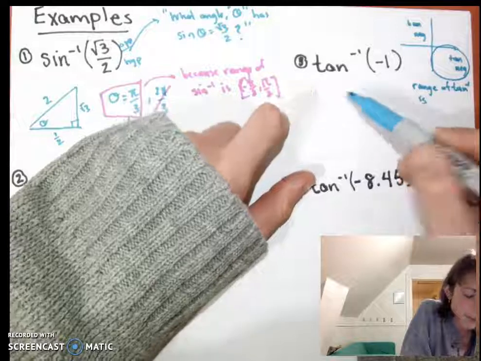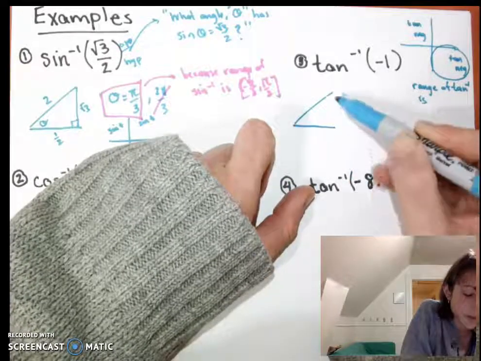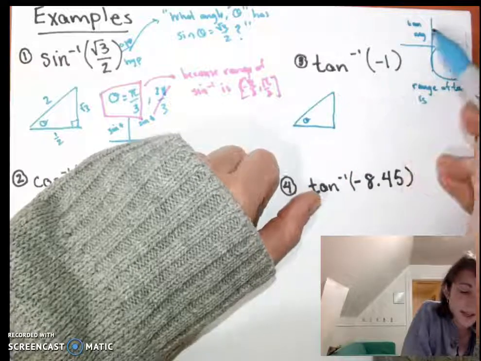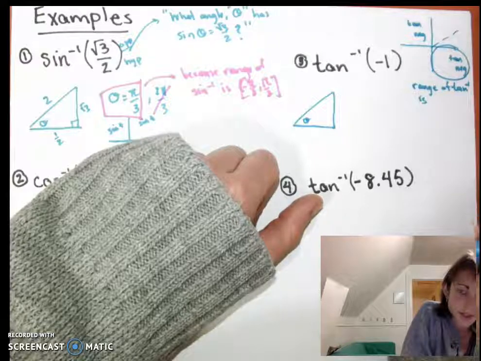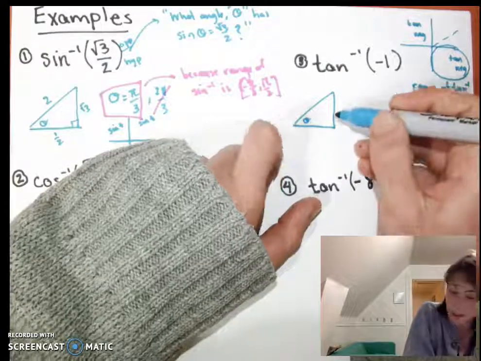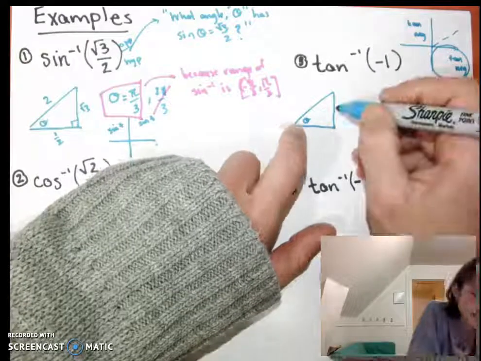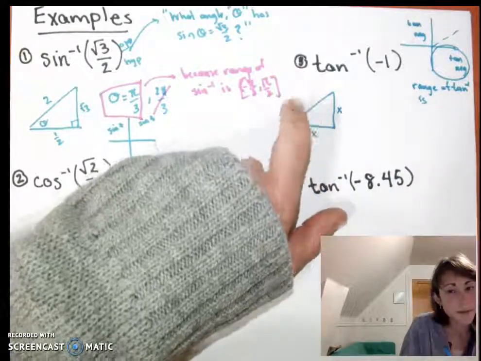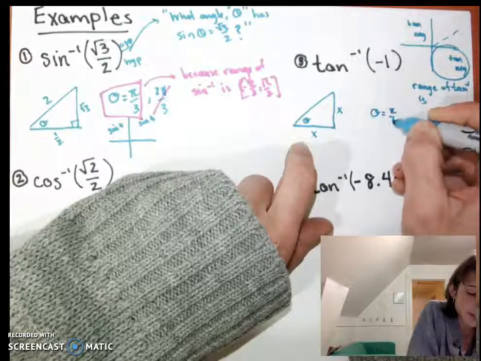But we can use a reference angle. We can ask ourselves what angle has tan equal to 1, and then shift that answer into the fourth quadrant using reference angles. When is tan equal to 1? That means the opposite and the adjacent are the same, which makes this isosceles, which makes theta equal to pi over 4.